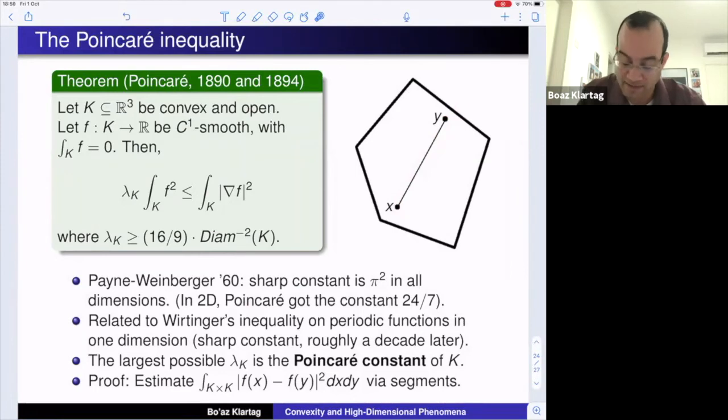So f of x minus f of y is smaller than the integral of the norm of the gradient of f along this segment. And now you average over all pairs of points x and y and apply various Cauchy-Schwarzes, etc. And you get a good estimate for this quantity, which is twice the variance of f. So this is roughly the proof by Poincare. It leads to a constant that depends very badly on dimension, exponentially, but at least it proves the Poincare inequality.